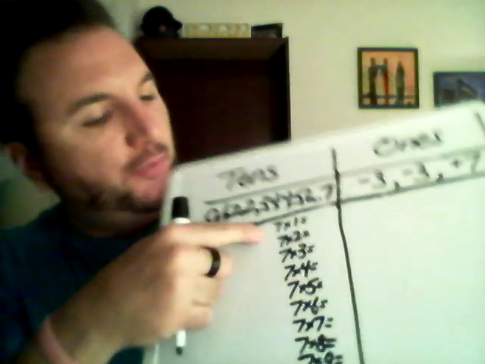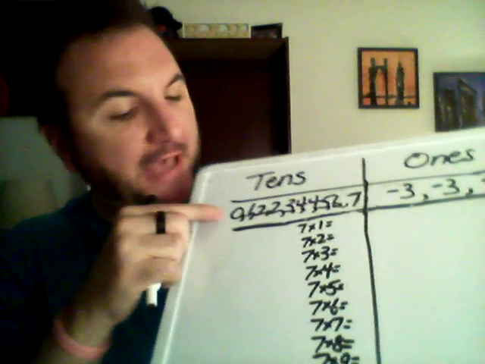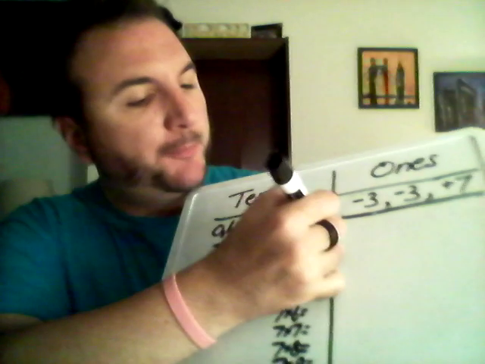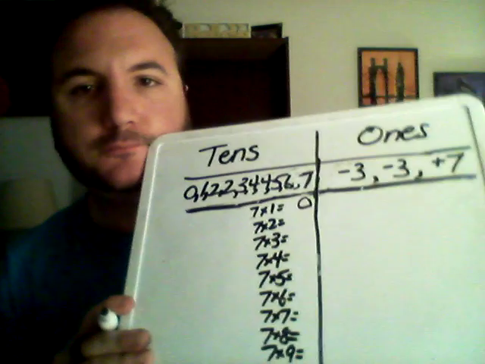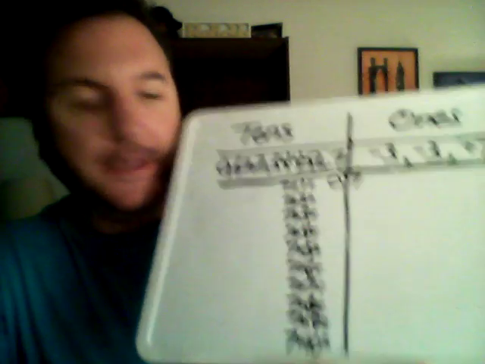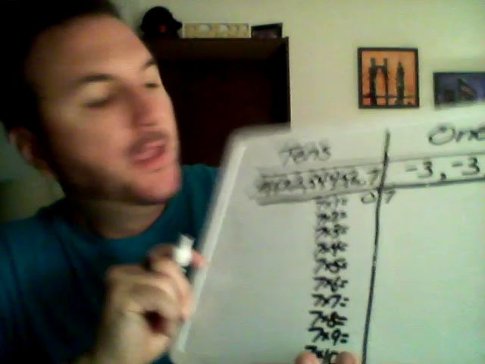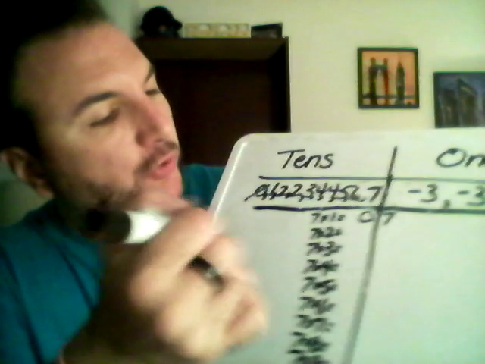First of all, you see where it says 7 times 1. We know the answer is 7. But before I do that, you see the 0? I'm going to put it in the tens place right there. Now the 7 is going to go here. I'm always starting with 7. So I can get rid of the 0 now. Now I go to 7 times 2.